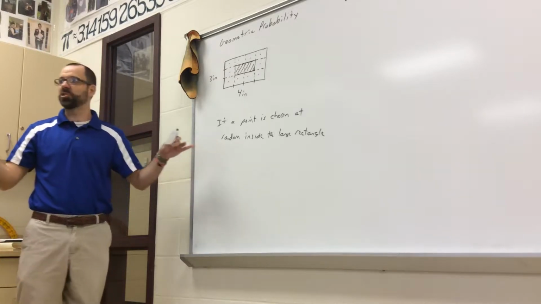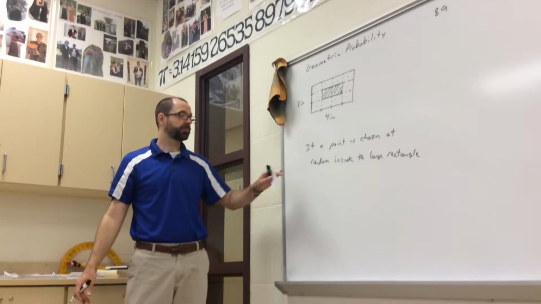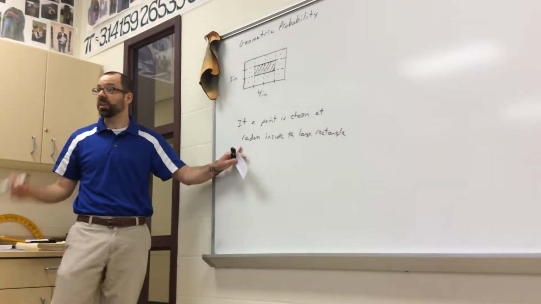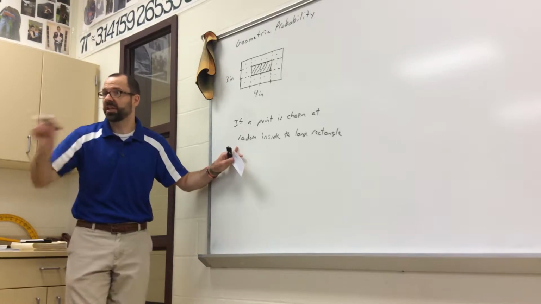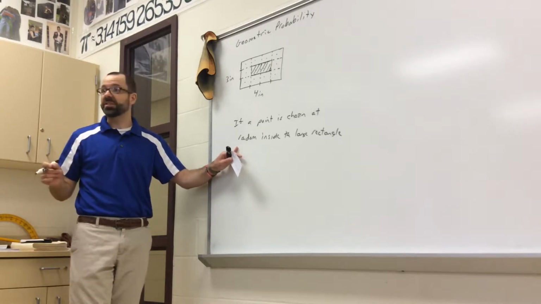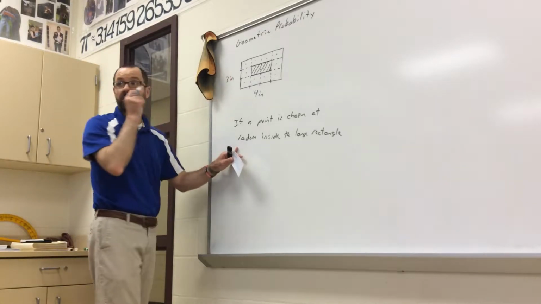So a point is going to be chosen at random somewhere inside the large rectangle. So then the question is going to be, if you pick a point inside the large rectangle, what are the chances that the point is also inside the smaller rectangle?